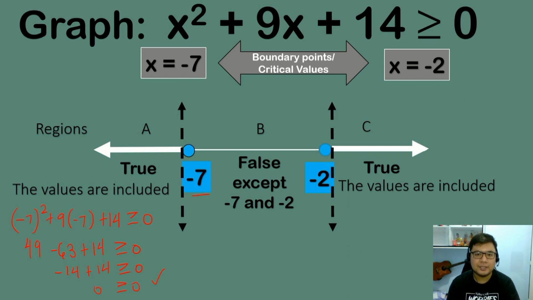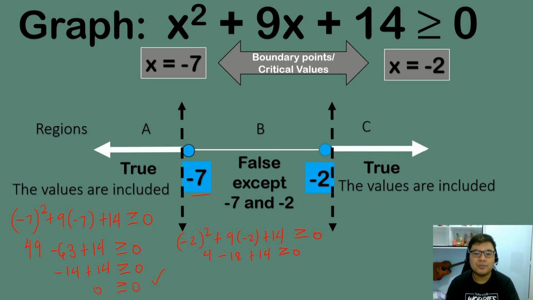So tama, no? False except negative 7. How about yung negative 2? Try natin yung negative 2. So we have negative 2 raised to the second power plus 9 times negative 2 plus 14 is greater than or equal to 0. So negative 2 to the second power is positive 4. 9 times negative 2 is negative 18 plus 14 greater than or equal to 0. 4 minus 18 is negative 14.